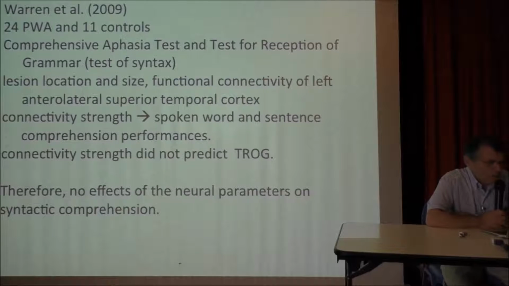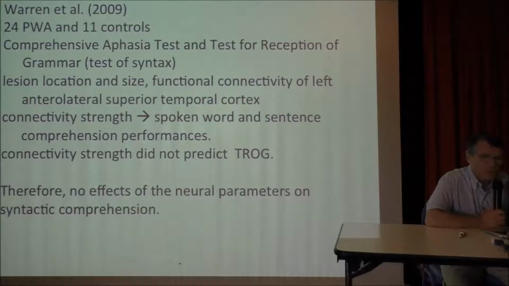Warren, in 2009, looked at 24 people with aphasia and 11 controls. They used the comprehensive aphasia test, which is David Howard's, and a test for the reception of grammar.